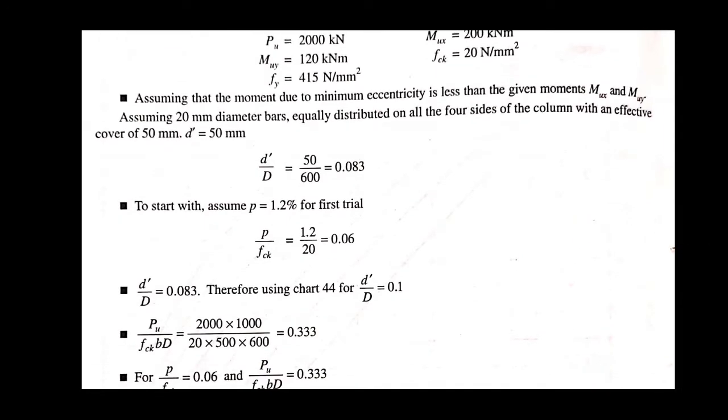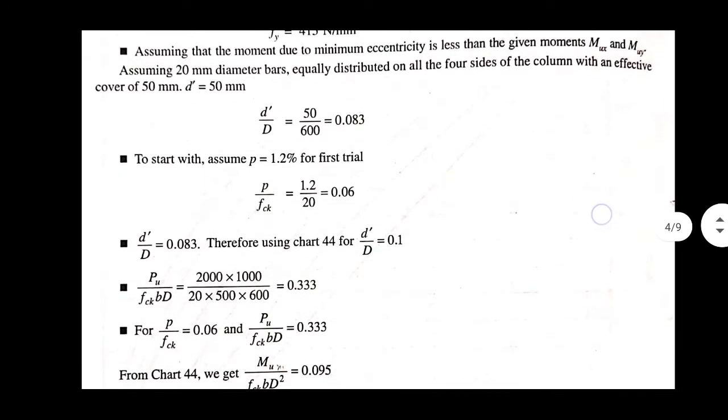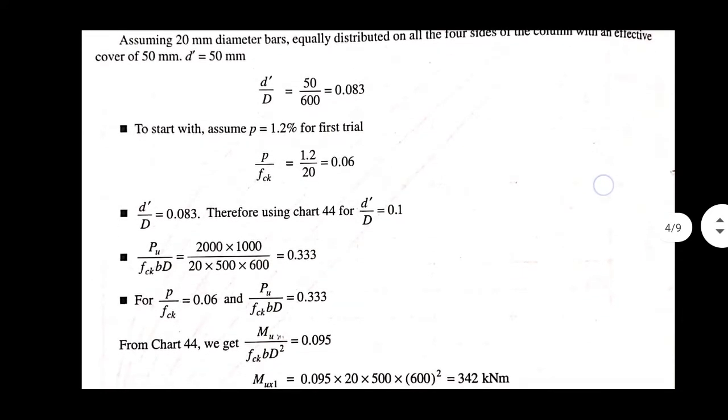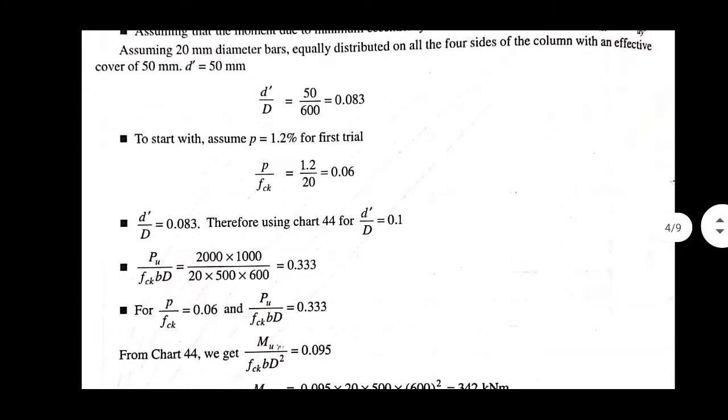So now we have to follow chart number 44 of SP16. So d dash by d is 0.083, so we can assume d dash by d as 0.1. So the chart is to be considered depending upon the value of d dash by d.